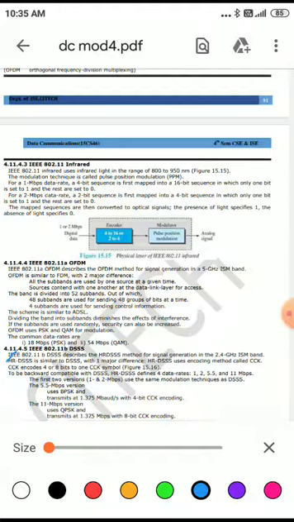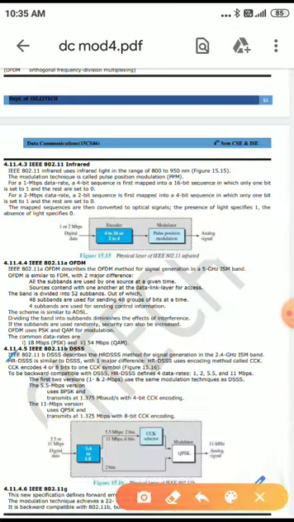IEEE 802.11b describes the HR-DSSS method for signal generation in the 2.4 gigahertz ISM band.